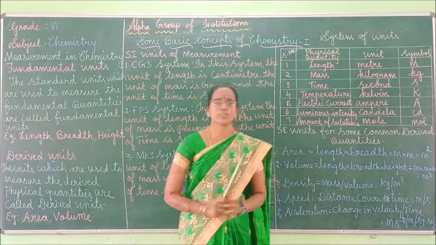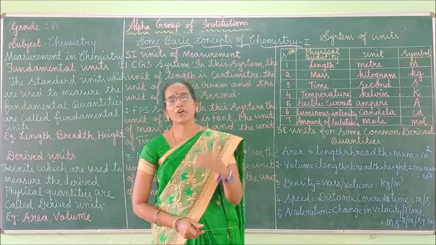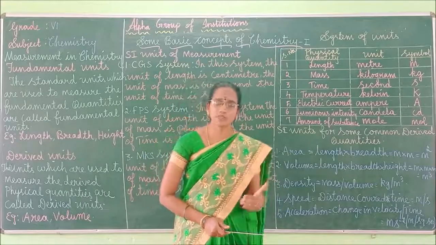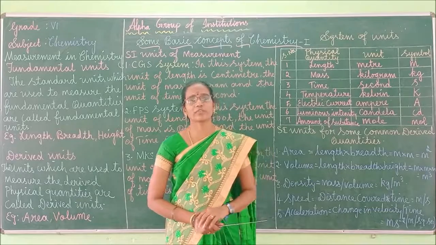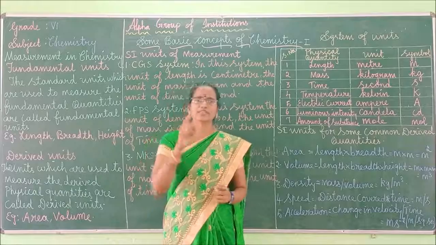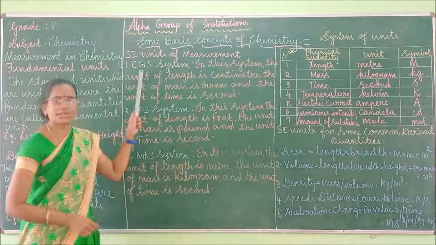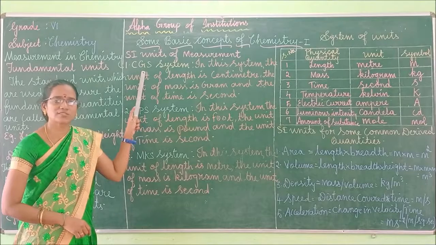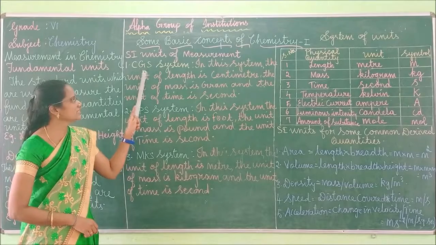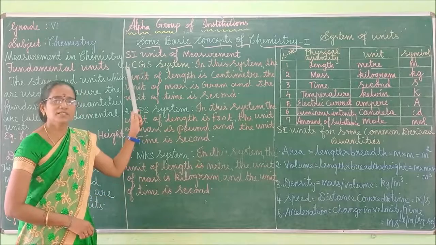Okay, children. So in this measurement in chemistry, you should know the main formulas. What are the systems of units? FPS system means what? MKS means what? This FPS, MKS as well as CGS, you should always write in capital letters like this. Here you should not use small letters. Okay. So CGS, FPS, MKS, you should know what they are.